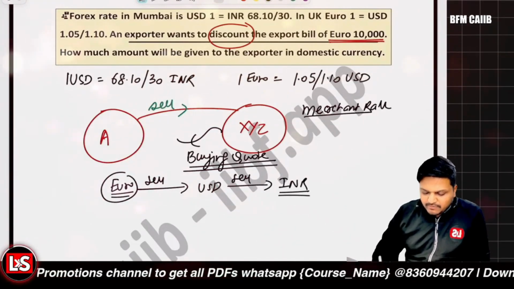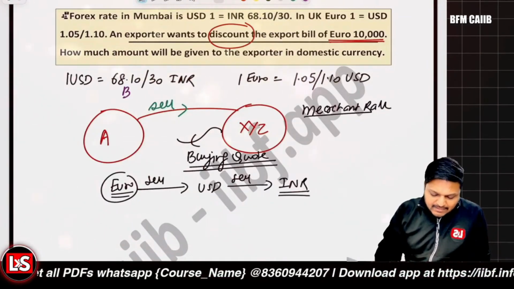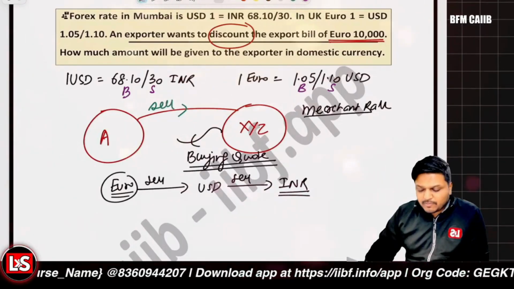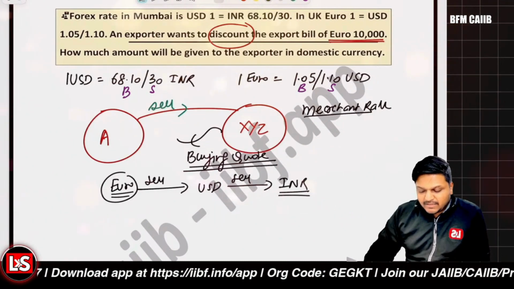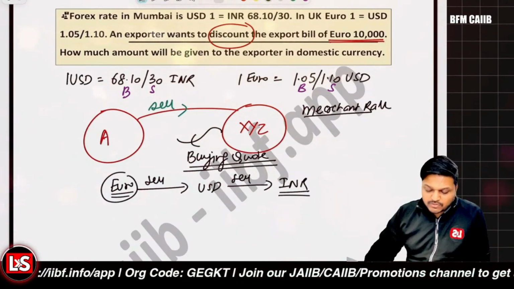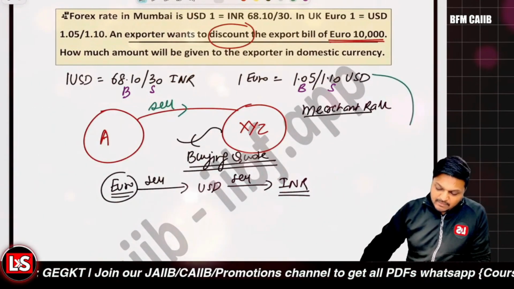Accordingly, we will be calculating the answers. Here the buying rate is given, here the selling rate is given. The first rate relates to selling the euros, and you'll be selling the euros at a buying price. So what rate would be applicable from this statement?